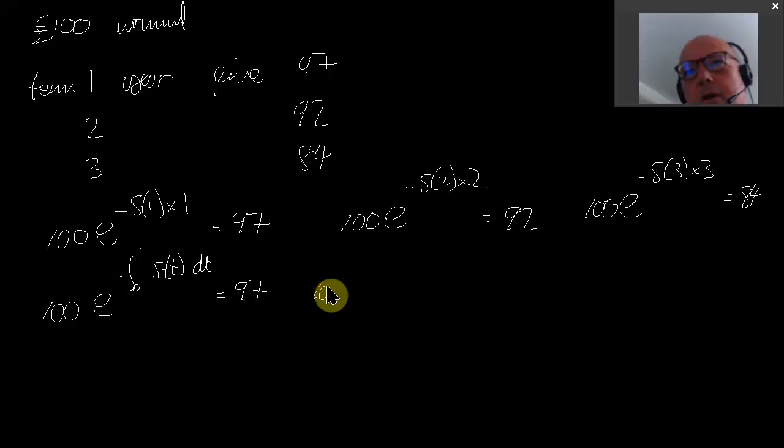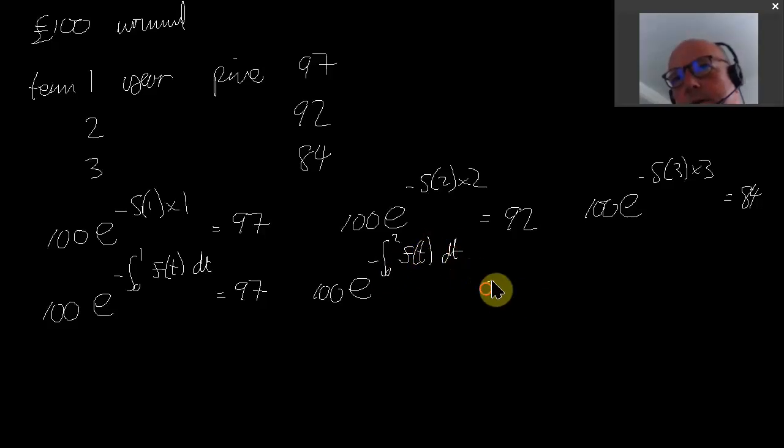So 100 times e to the minus the integral from 0 to 2 of f(t) dt equals 92. What we're going to have to assume, since we only know the bond prices at time 1, time 2 and time 3, is that the forward rate of interest is constant between time 0 and time 1, between time 1 and time 2, and between time 2 and time 3.